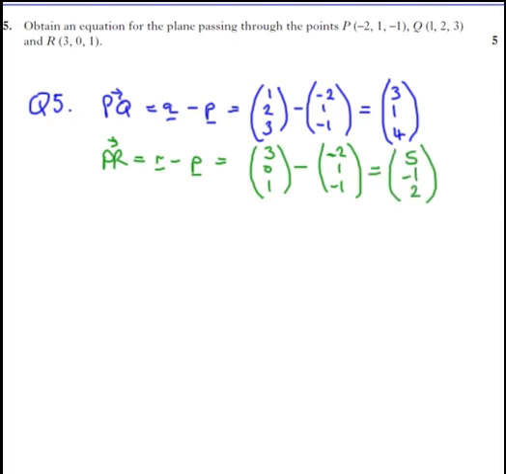So this is another vector lying on the plane. We can now find a normal to the plane by forming the vector product of these two vectors, PQ cross PR. So this will give us a normal to the plane.